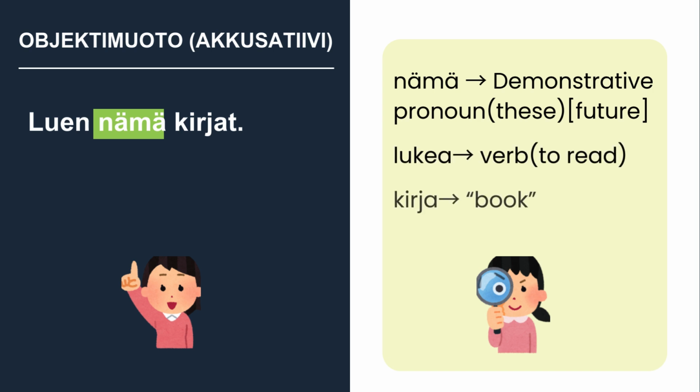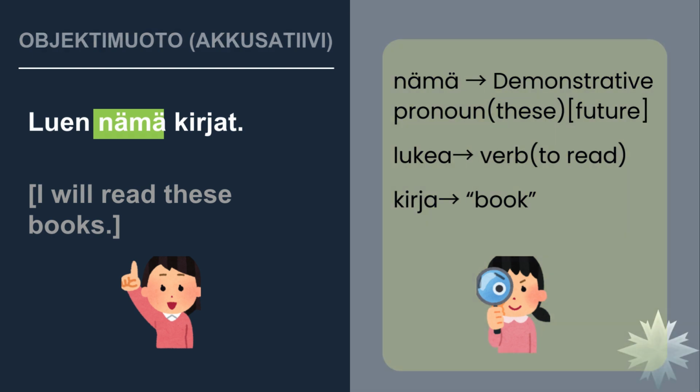Kirja means book. So, luen nämä kirjat means I will read these books. Since this sentence is telling us about the future, we use accusative case. So, luen nämä kirjat means I will read these books.